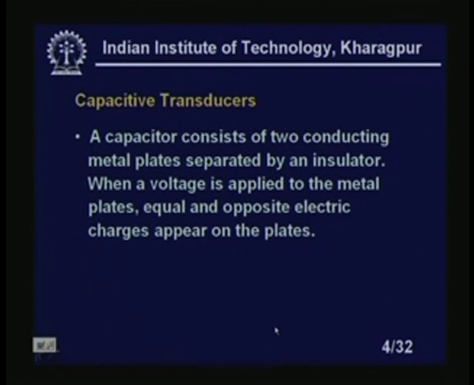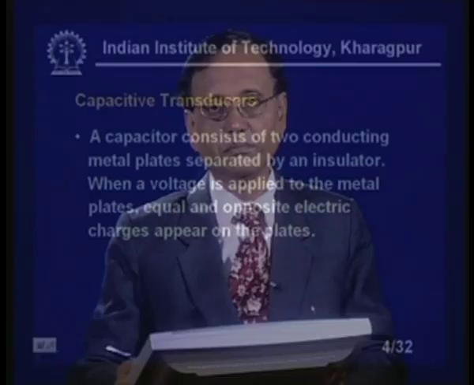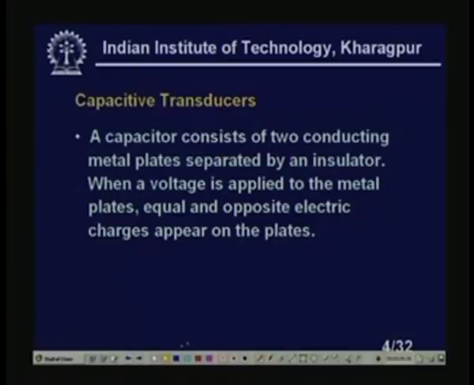Now, see the capacitive transducers. A capacitor consists of two conducting metal plates separated by an insulator, right. These metal plates can be either just rectangular plates, very thin rectangular plates, or it can be a cylinder also. It looks like that, you see, it can be just two parallel plates like this one.